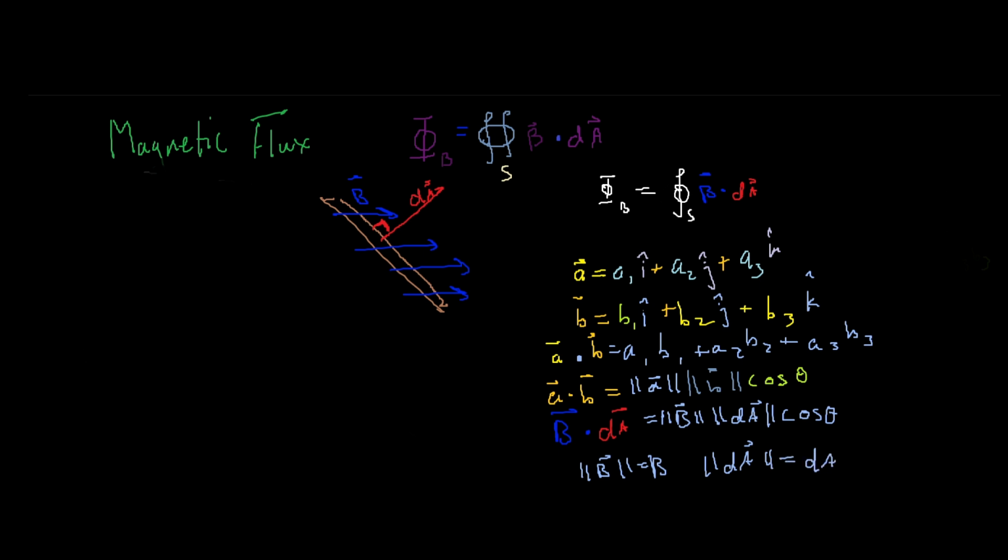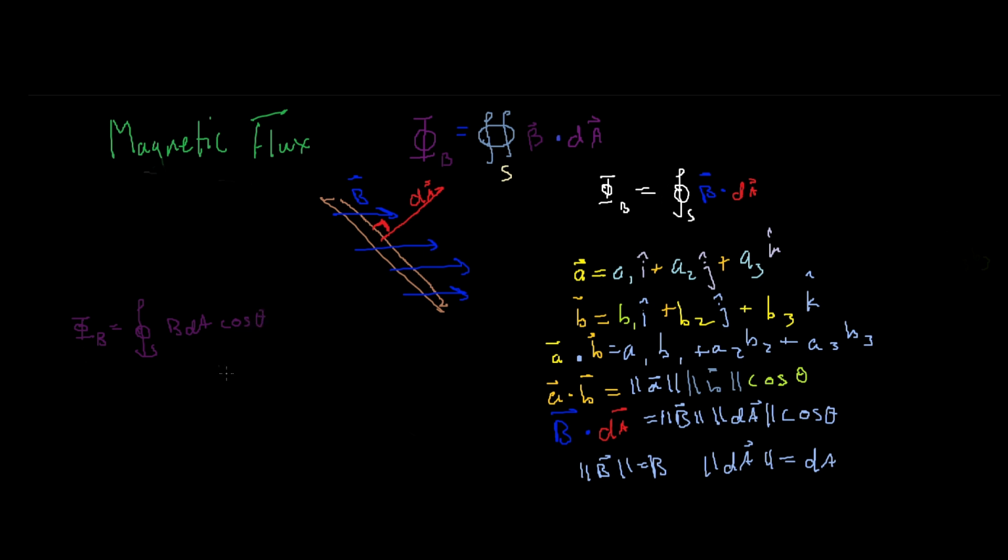So then the definition of the magnetic flux is just the integral of B dA cosine theta.